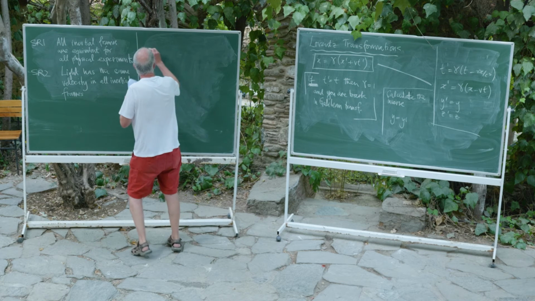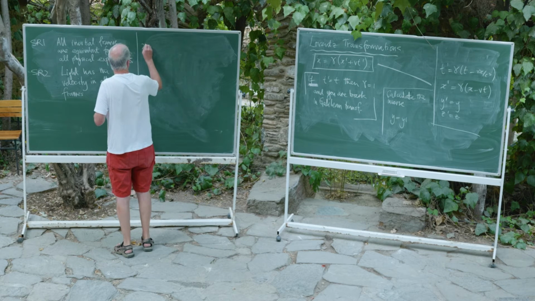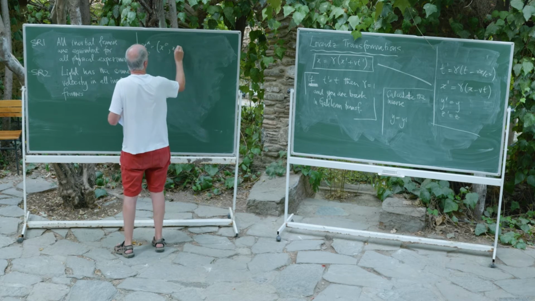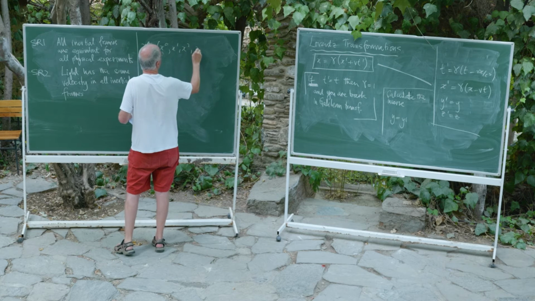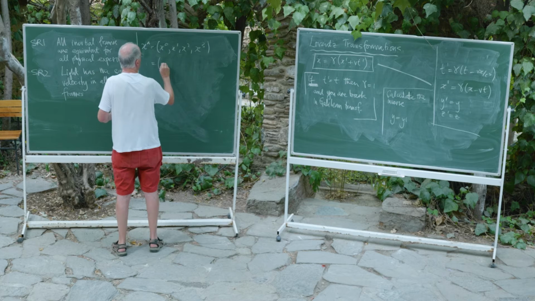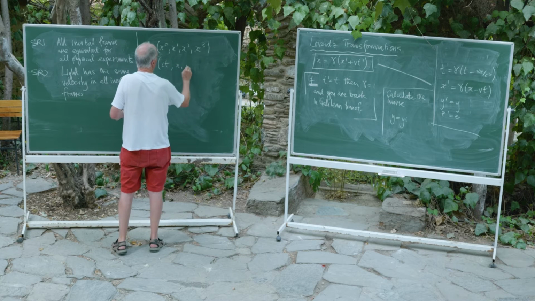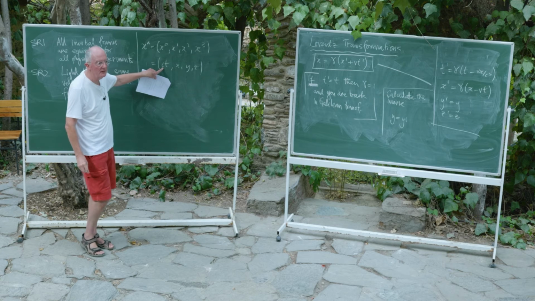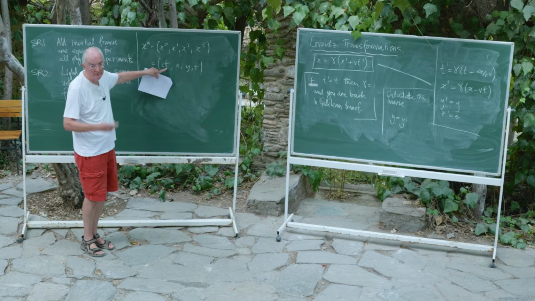So I'm going to write a four-dimensional vector, and that's going to be just another way of writing ct, x, y, z. Notice that I've included the c as a multiplier for the coordinate here. It turns out that simplifies quite a lot of expressions.